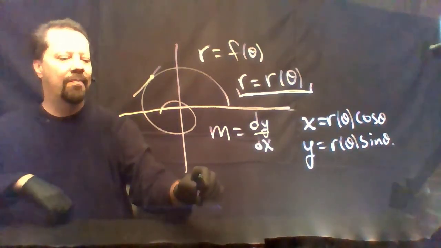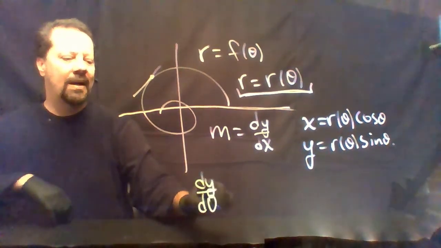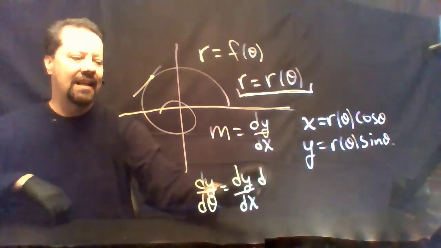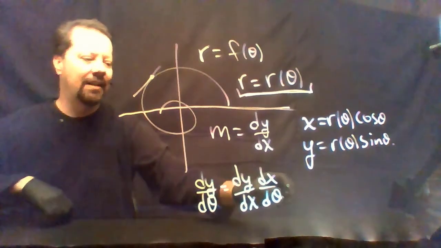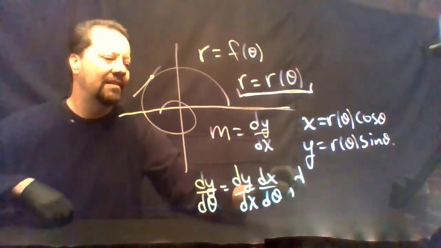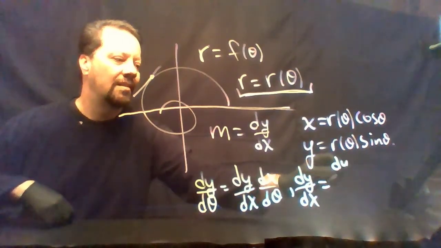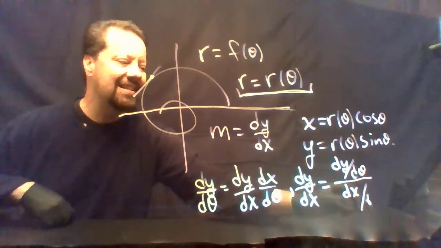If that's true, note that dy d theta is dy dx times dx d theta by the chain rule. It follows then that dy dx is dy d theta divided by dx d theta.